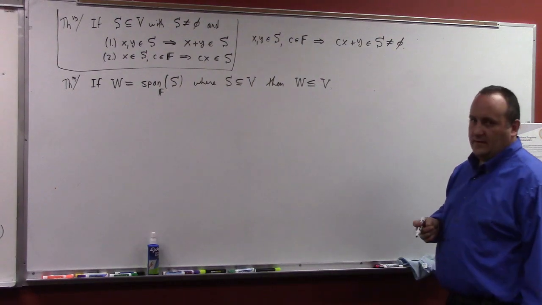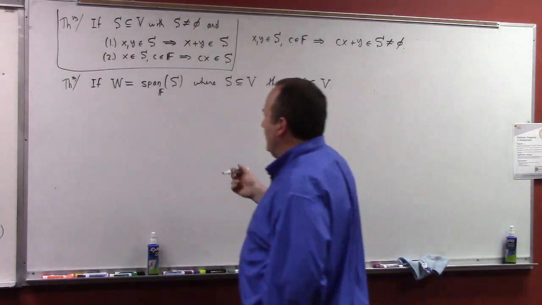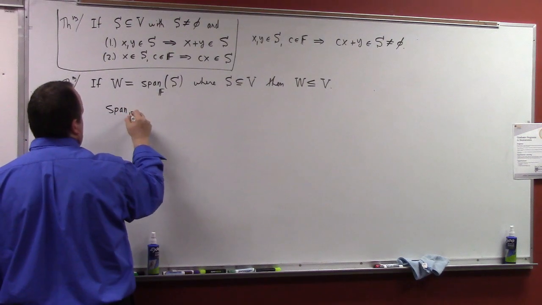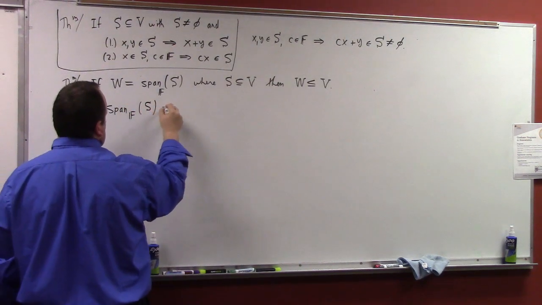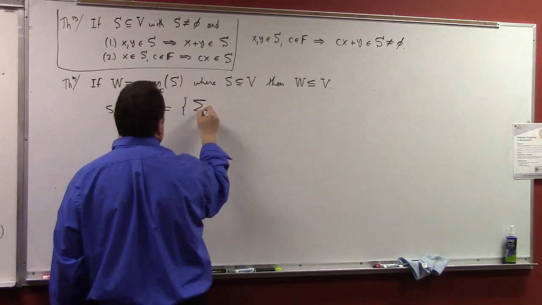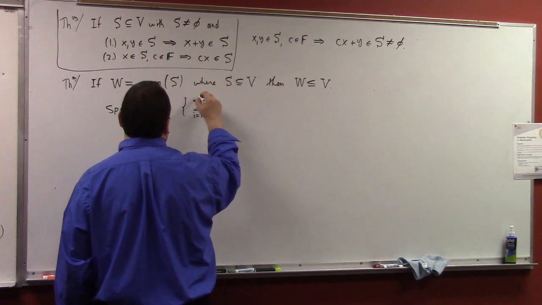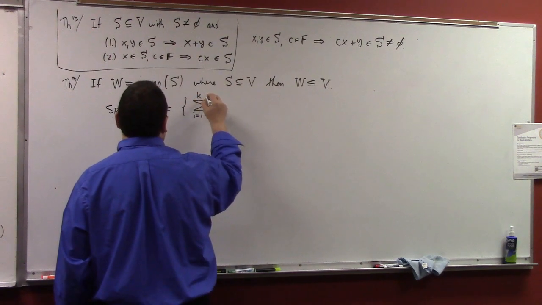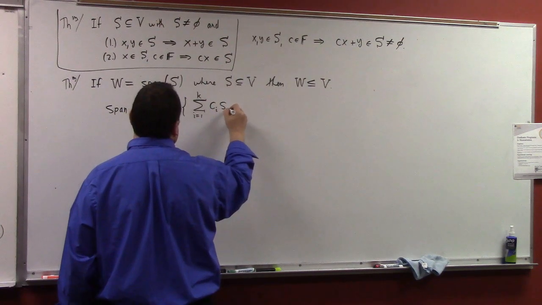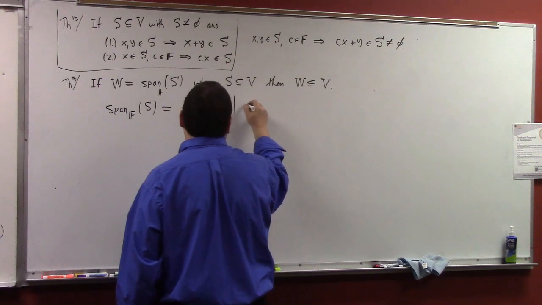Now, I guess I should really define span, right? What does span over F mean? The set of all linear combinations. But what's a linear combination? It's any arbitrary scalar from F multiplied by any arbitrary element in S, added together.